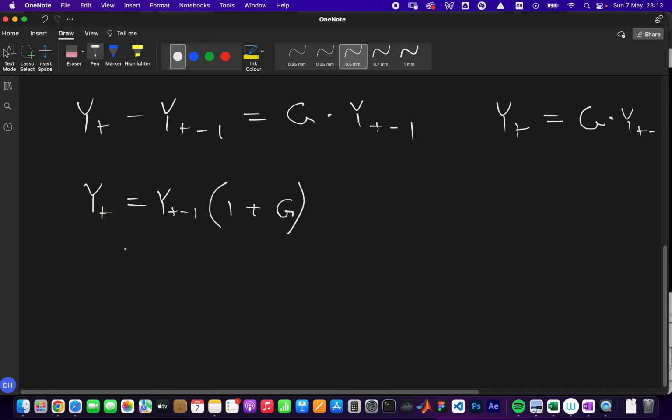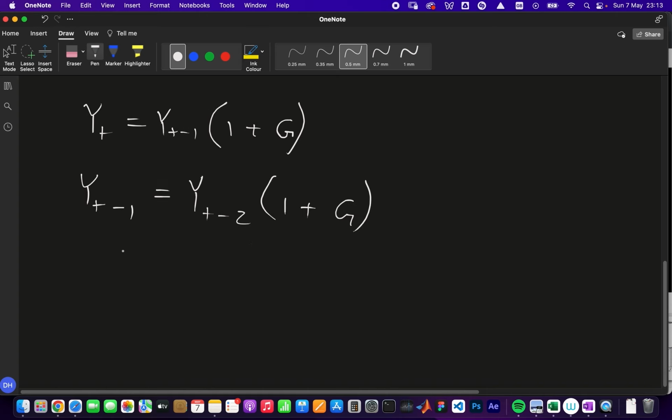So if yt equals yt minus 1 times 1 plus g, then yt minus 1 must equal yt minus 2 times 1 plus g. Hopefully that makes intuitive sense.